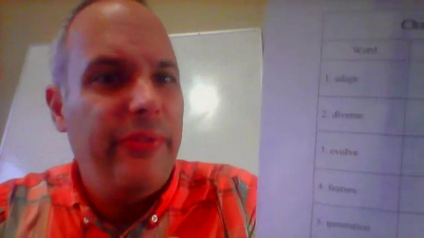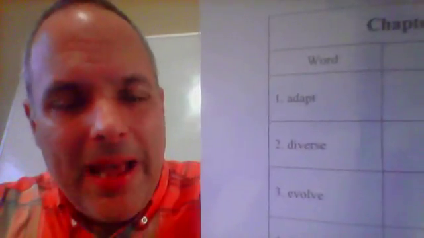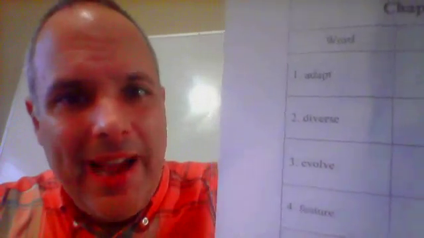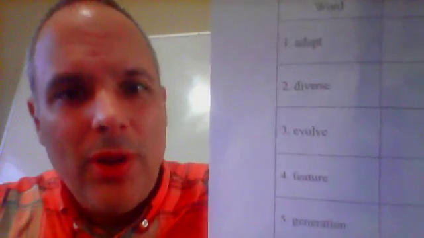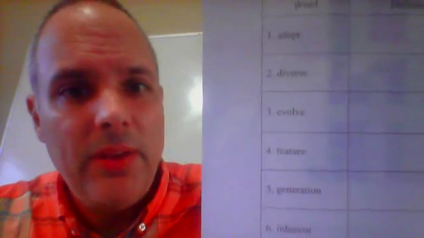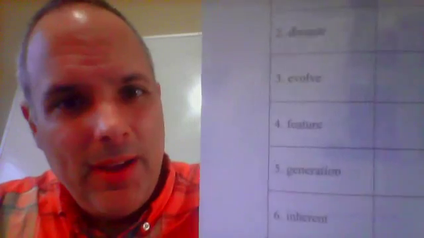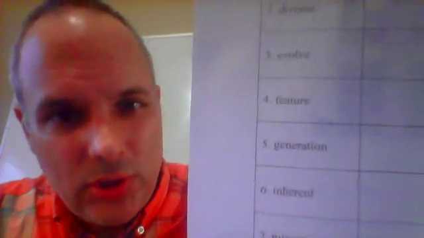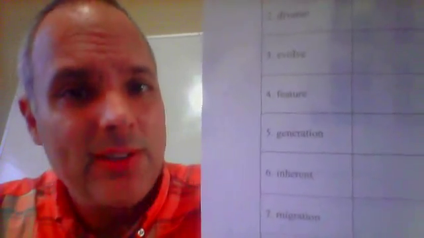So be careful. V. Chapter 3, word number 1, adapt. Number 2, diverse. Make sure of the V. Evolve. Two V's. Feature. Make sure that the T sound has a ch.